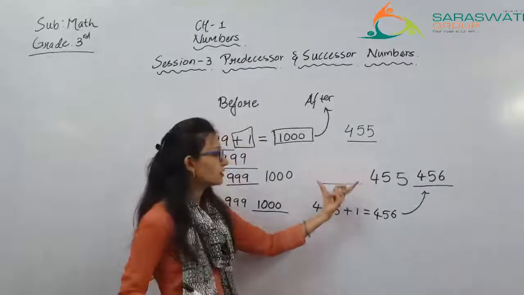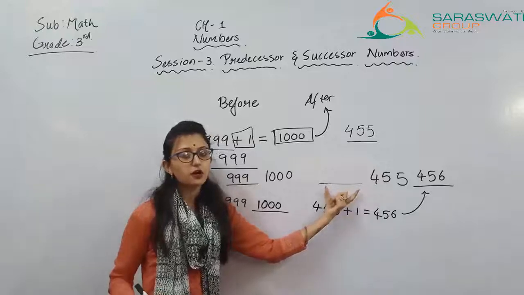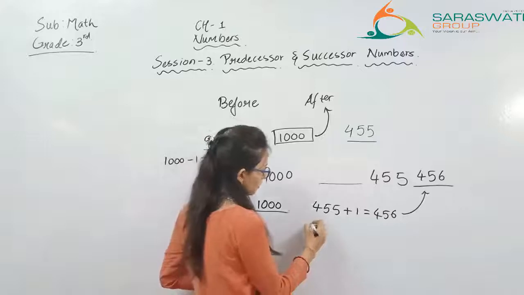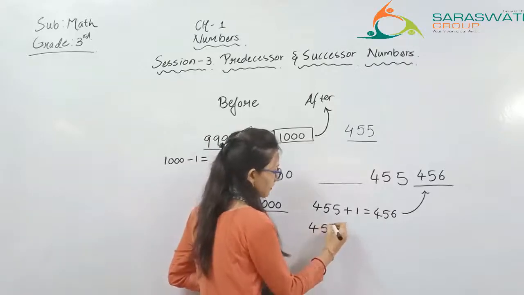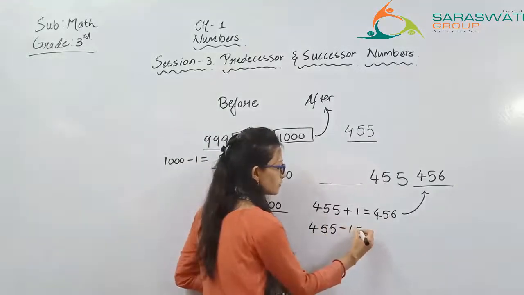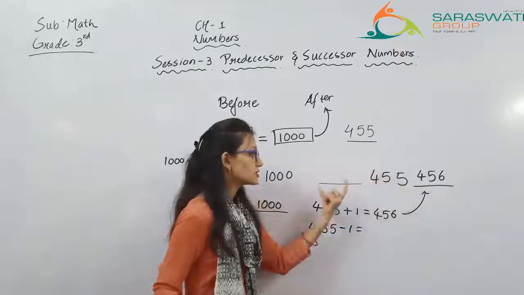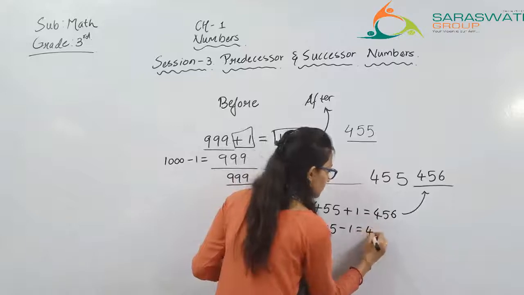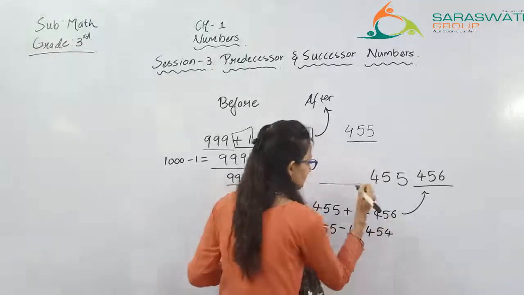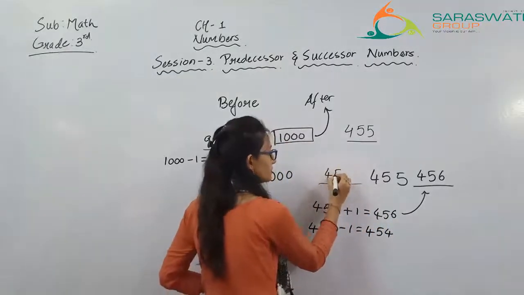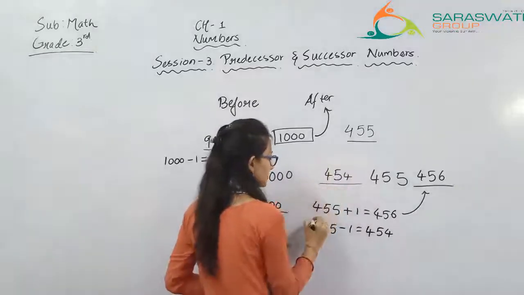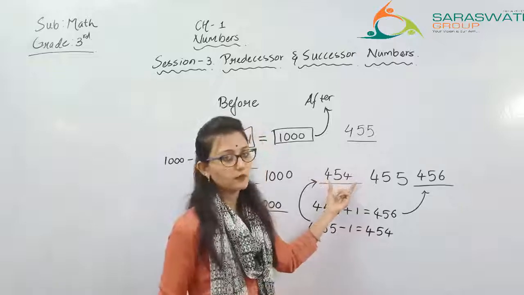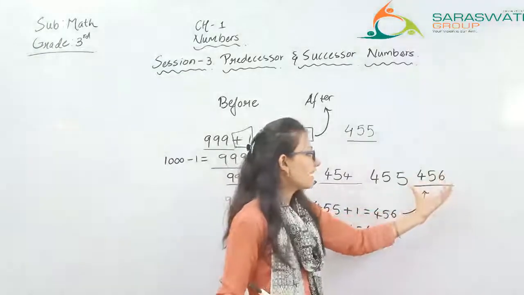But if I want the before number, meaning the predecessor number, then what will I do? 455 minus 1, the number just before 455, that will be 454. Here it is the predecessor number. That means it is the before number, and this one is the after number.